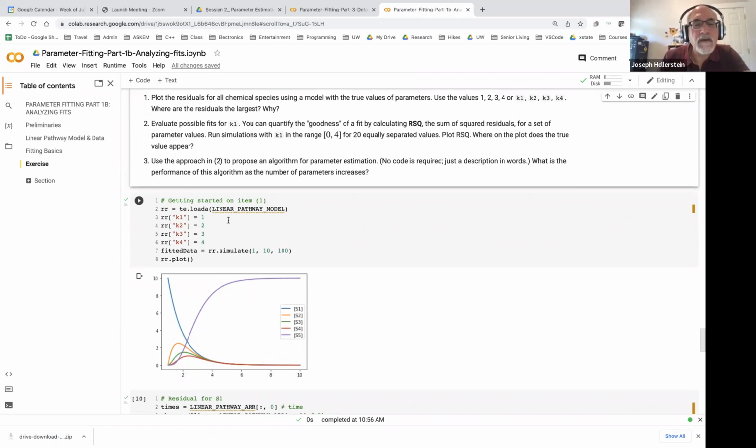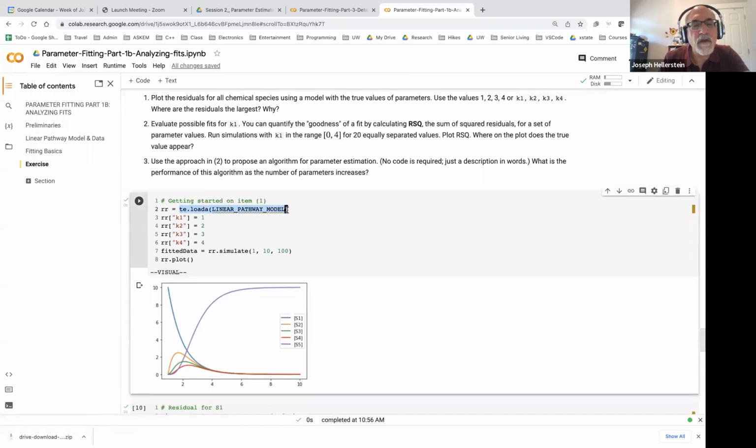Here's the model, that linear pathway model. You're certainly familiar with doing this, the loading, and then creating the Roadrunner object. Can someone tell me what's going on with these steps here, lines 3 through 6?